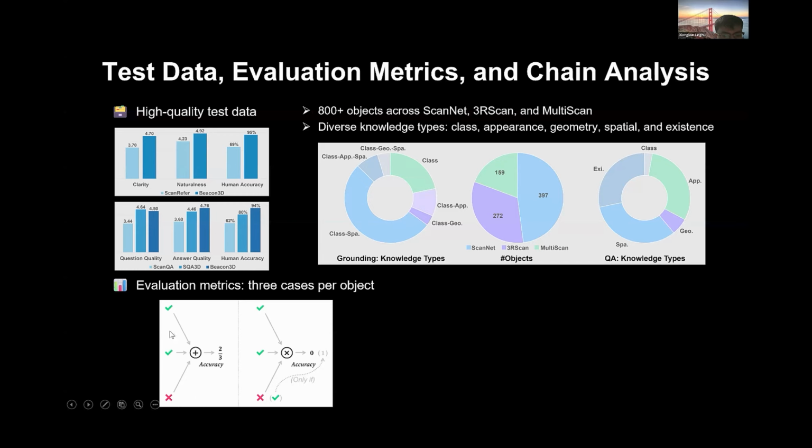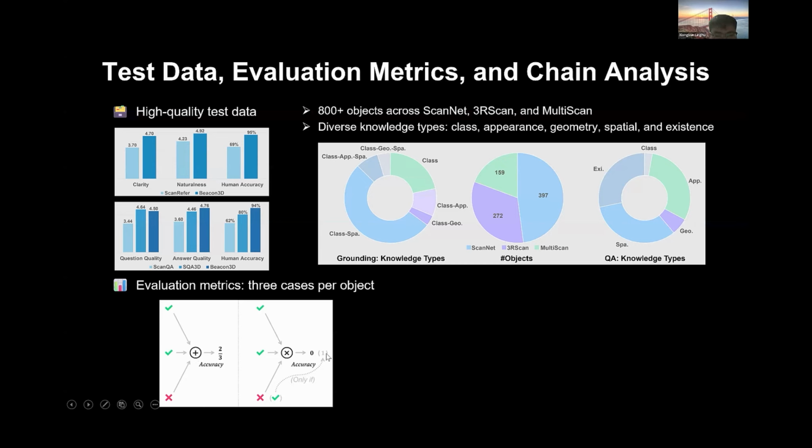On the left side, we show the typical question answering accuracy. For three given questions, if the model correctly answers 2, then the accuracy is 2 divided by 3.